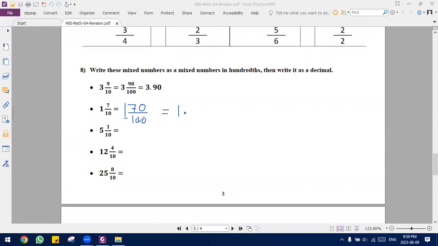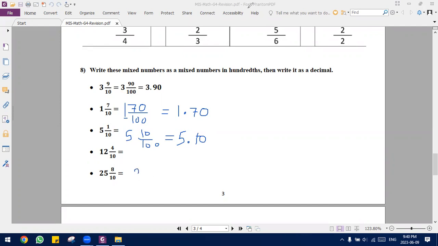Then 70 over 100, it means 70, and there are 2 digits after the decimal point because it's divided by 100. Next one, 5, add zeros now, 10 over 100. So we have 5 and 10 over 100. This is 5.10.